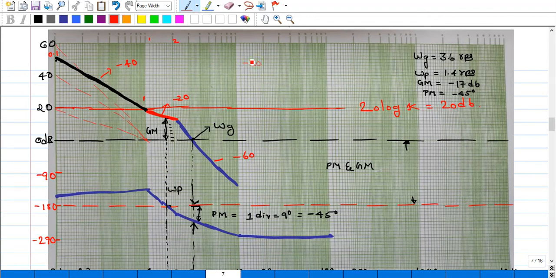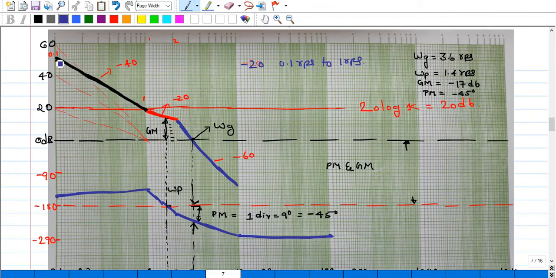minus 20, from 0.1 RPS to 1 RPS. Okay, so we have drawn this black line.